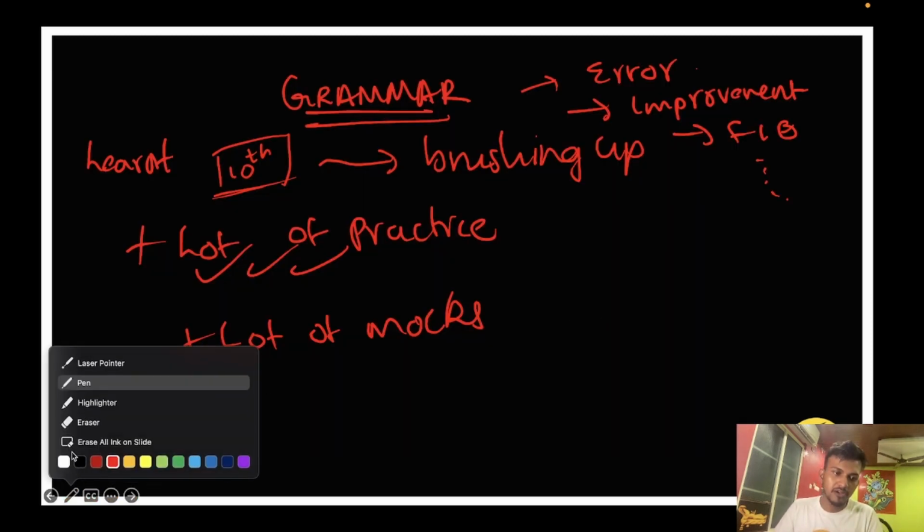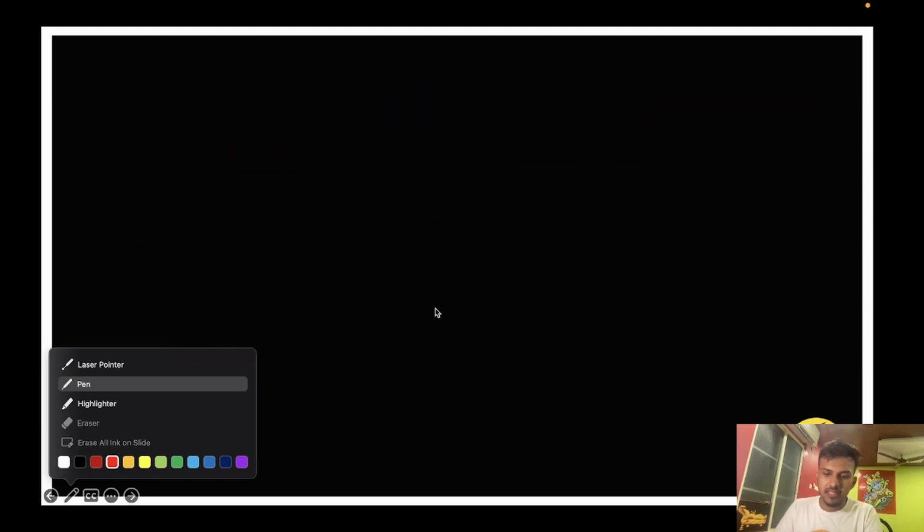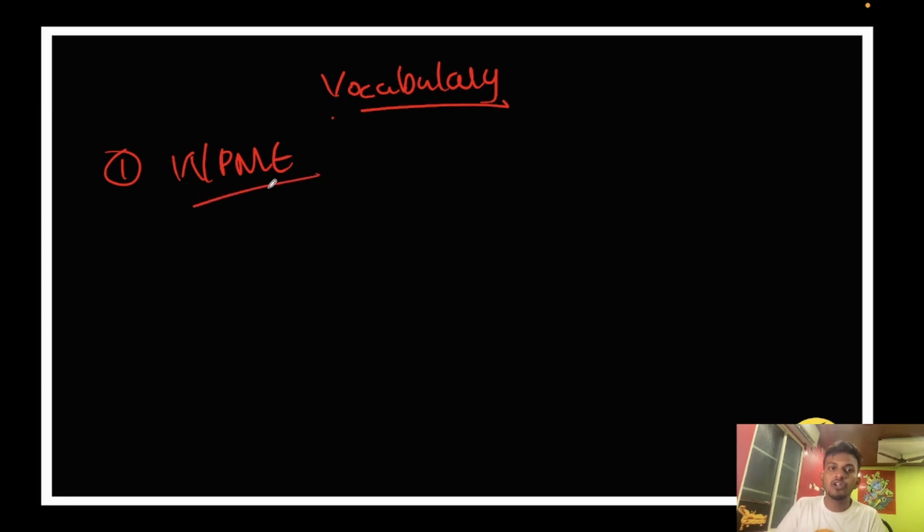Then let's talk about the next topic, which is vocabulary. Vocabulary के लिए आपको एक ही target है, number 1, that is Word Power Made Easy. Do this book, please.